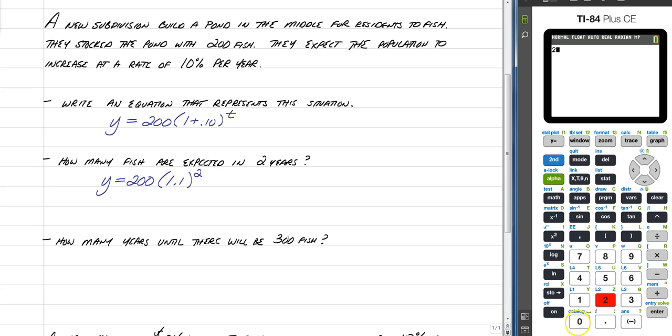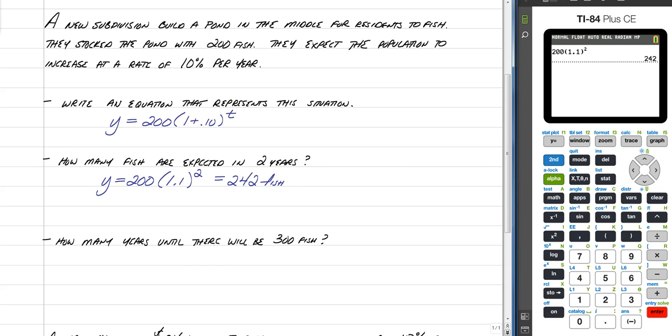So you just go to your calculator, 200 times 1.1, or you could do the 1 plus 0.1, it's up to you. Raised to second power, click enter, and you get 242. There are going to be 242 fish in the pond after 2 years.